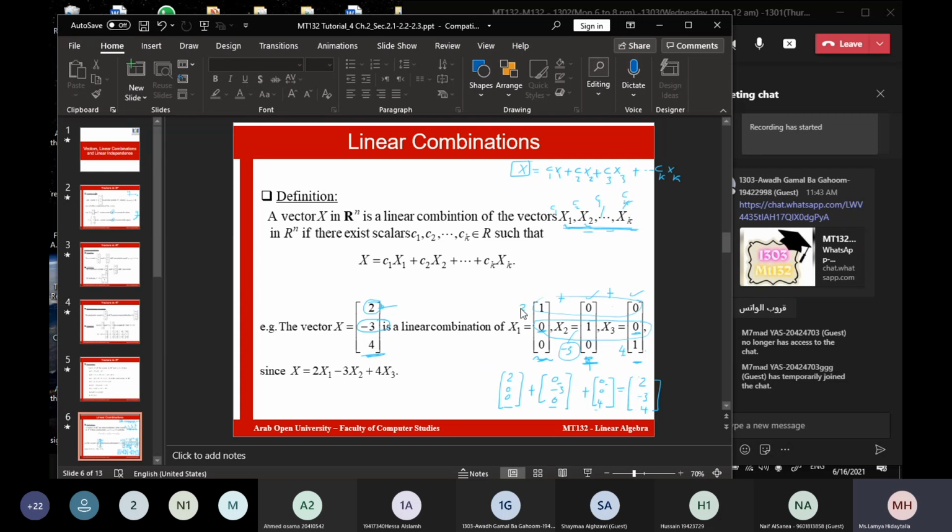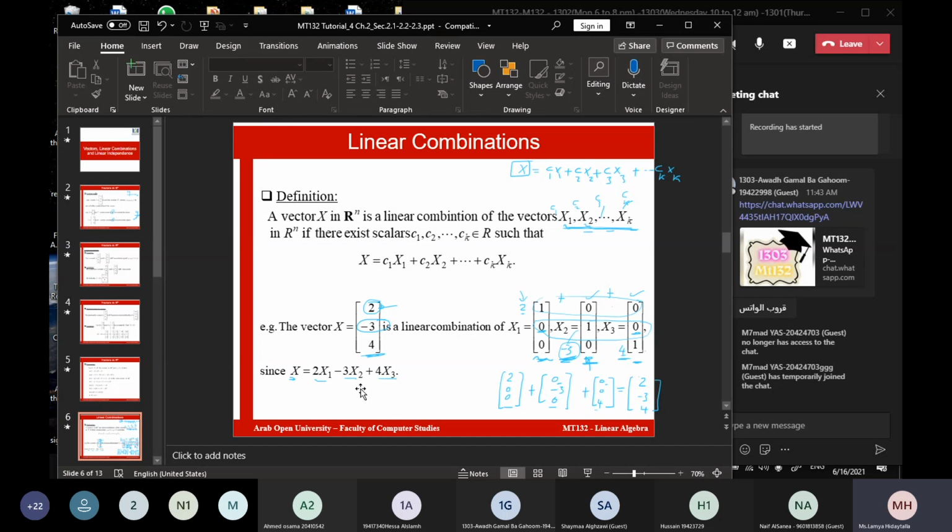But what are C1, C2, and C3? C1 is 2, C2 is minus 3, and C3 is 4. So yes, I got x equals 2x1 minus 3x2 plus 4x3. Is it a linear combination of these vectors? Yes, it is.